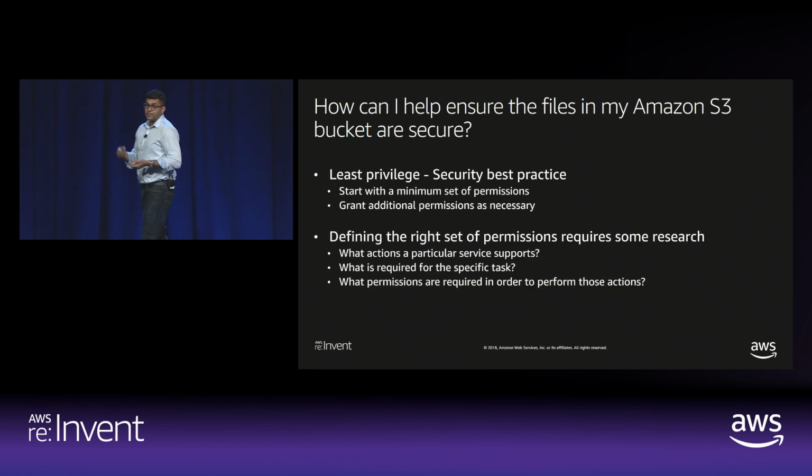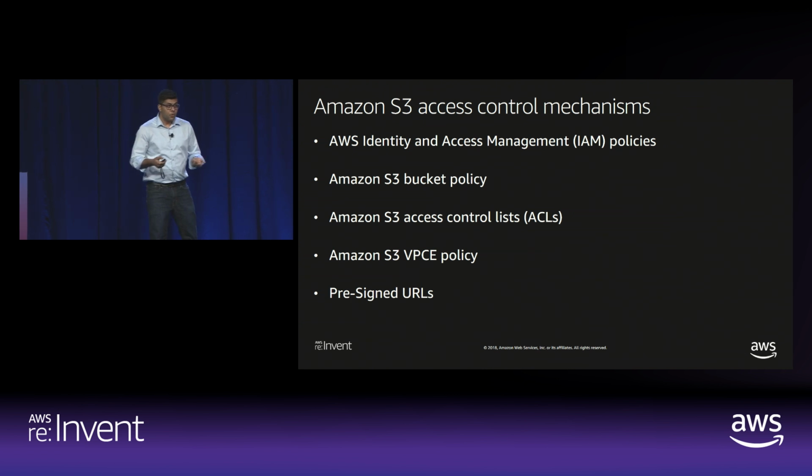And doing that requires some research. You probably need to know what permissions I need to assign to the user, and what permissions I need to assign to the resource. So to do that, we have different access control mechanisms. I've listed them here. We'll go through each of these and then go through some examples on how these can be used.